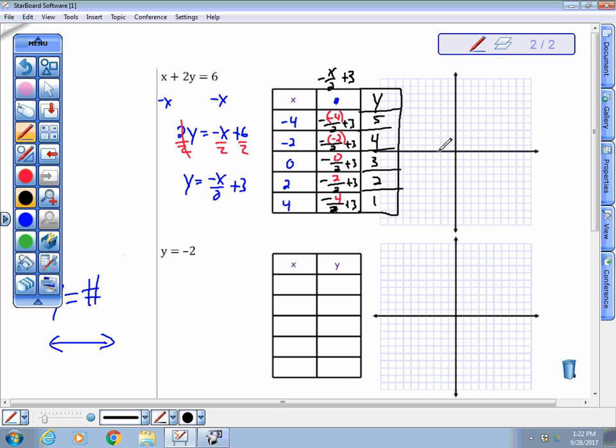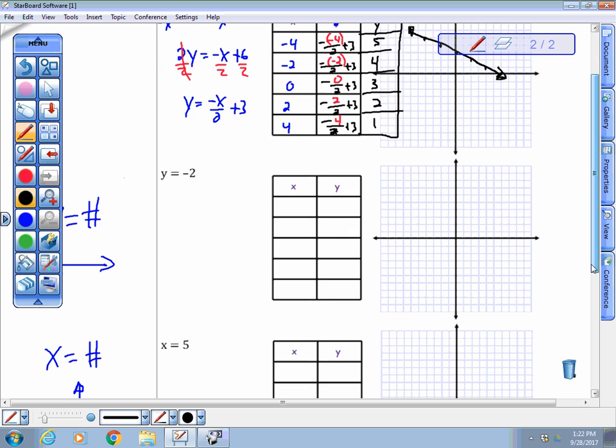Graph these points. Negative 4 up 5, negative 2 up 4, 0 up 3, 2 up 2, 4 up 1. Extend the lines, dots, and arrows. Next one here.